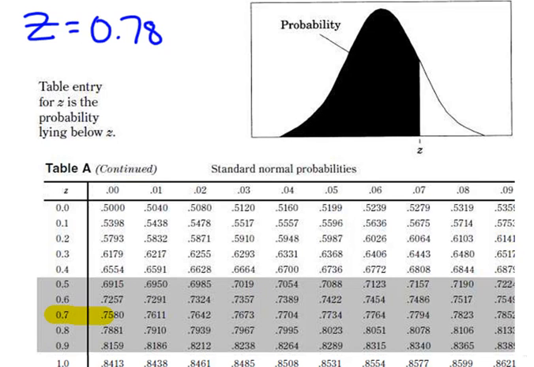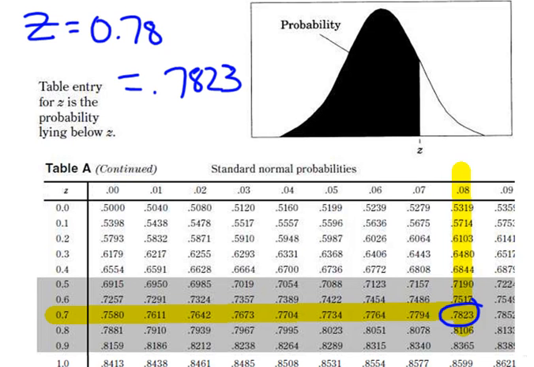So I go to 0.7 and I go across to the 8, and I see that that area would be 0.7823. Well, if I want to know the area between, I take this area that I just found and I subtract out the little bit from the first.